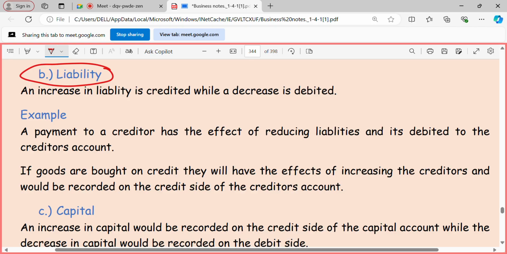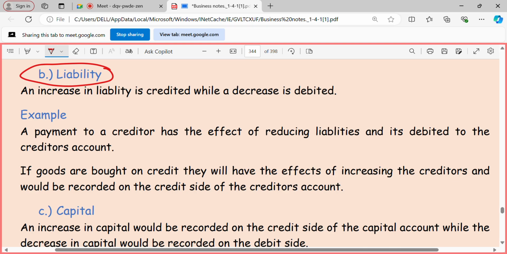That is a liability. So any form of loan, debts, credits and loans, those are liabilities. When you owe other people, that is liability, the loans.